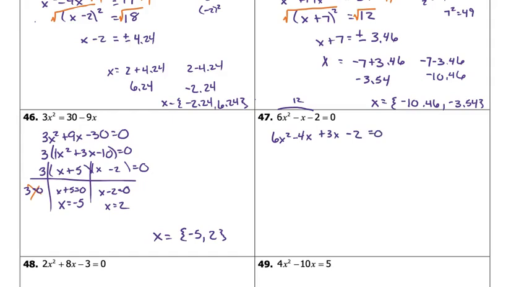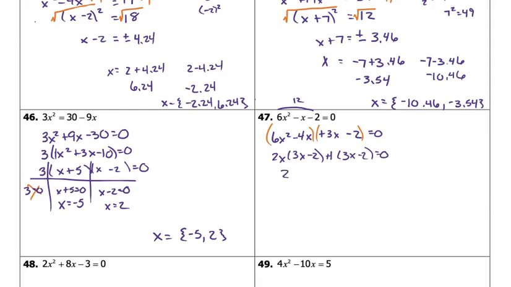We're going to group the first two terms and the last two terms. So when I take out the GCF, we're going to take out a 2x, which will leave us with 3x minus 2. Here, I already have 3x minus 2, so we're just going to take a positive 1 out so that I can put my GCFs together.